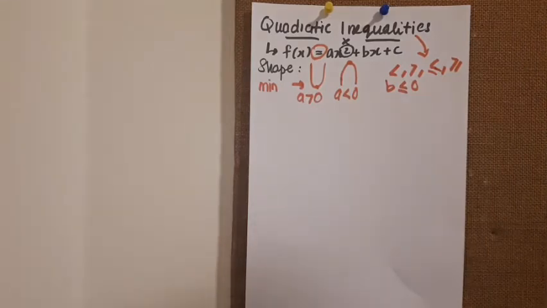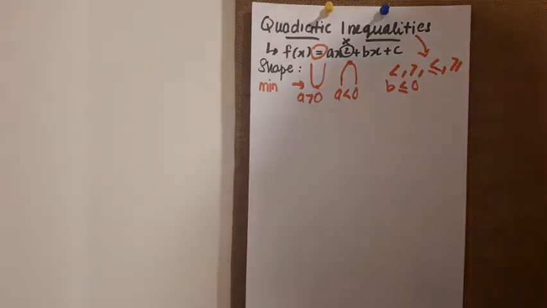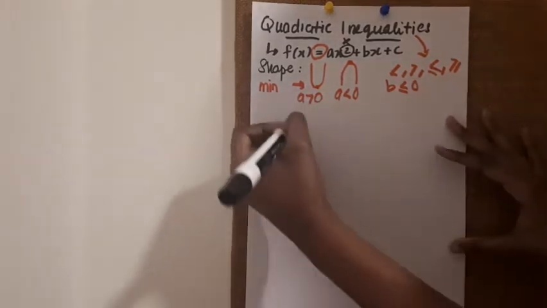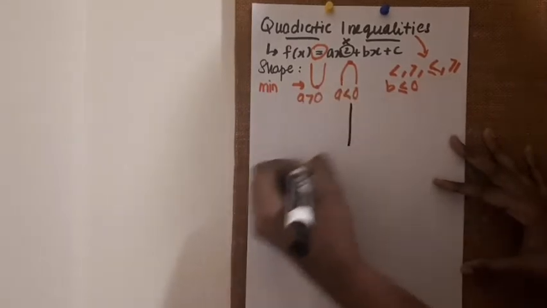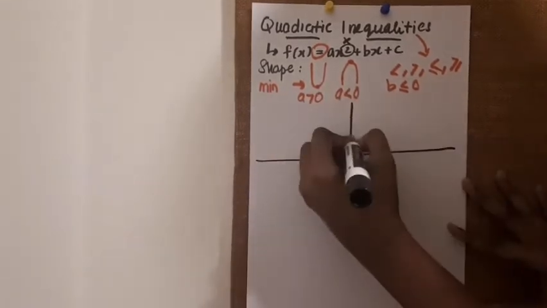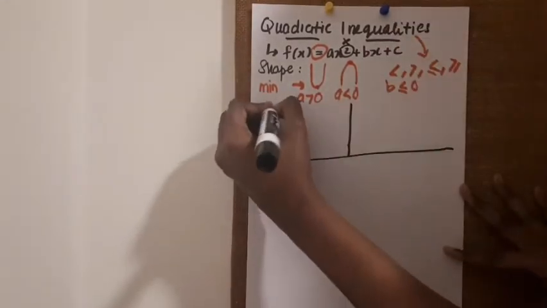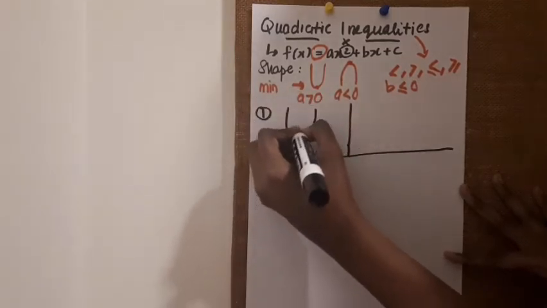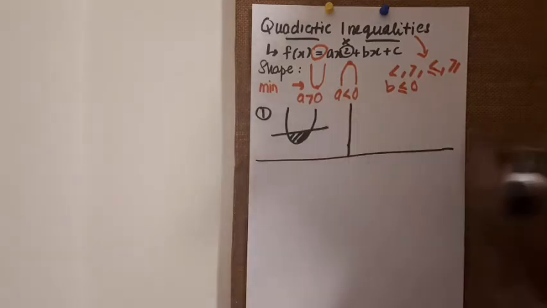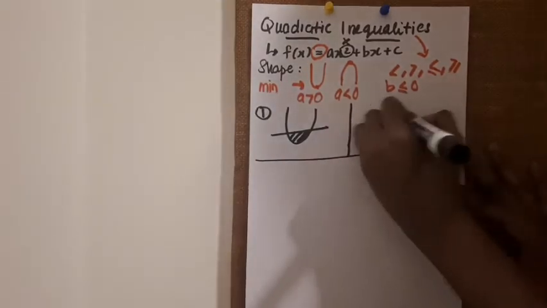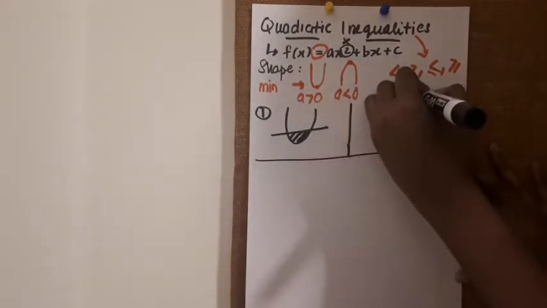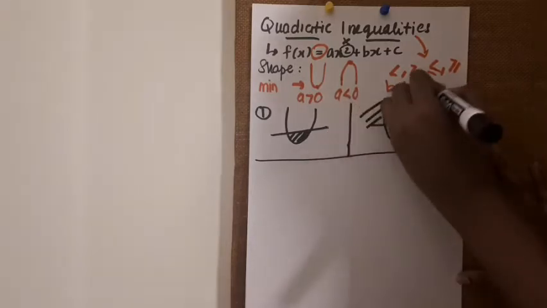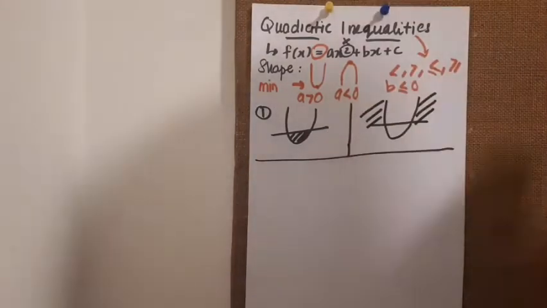Now we will look at two types of quadratic inequalities. I will draw the curve now. So we have two types of it. The first one is when this one happens, and the second type is when this one happens.